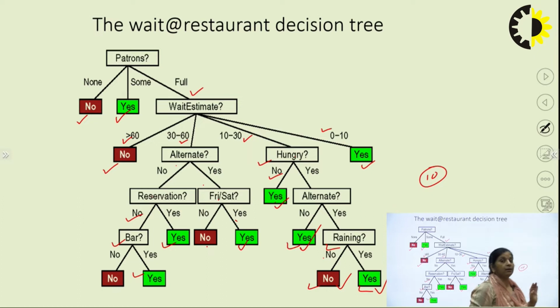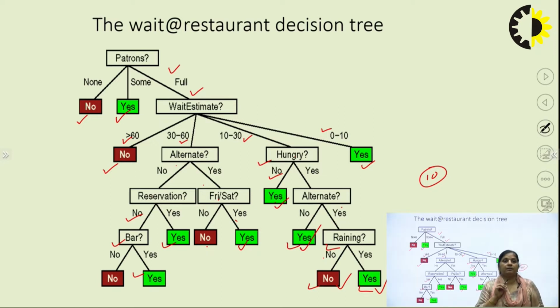In this, we have 10 attributes in our domain. From those 10 attributes, we are checking firstly on patrons, then on wait estimate, then according to the wait estimate value, we try hungry and alternate, and in one case we go directly to alternate, and then we check for reservation and bar, and on one side we check for weekend.